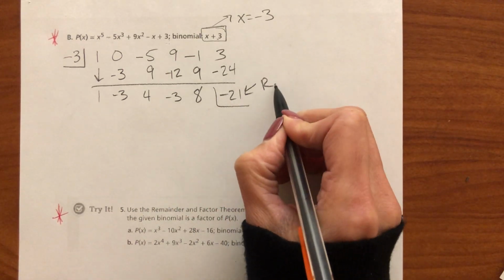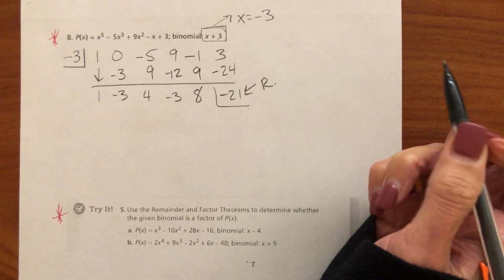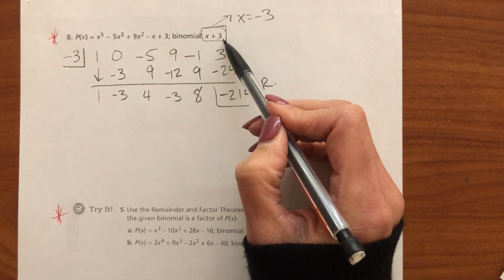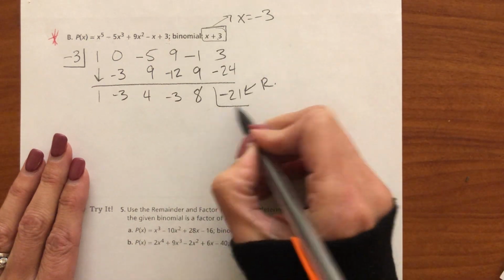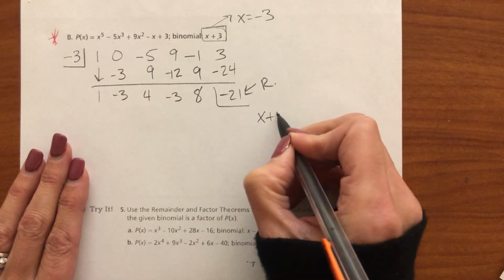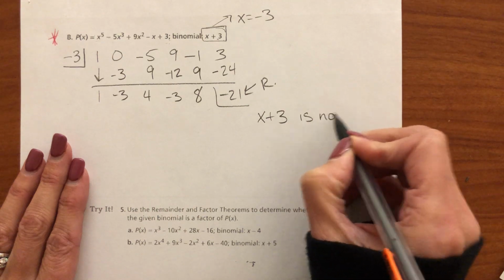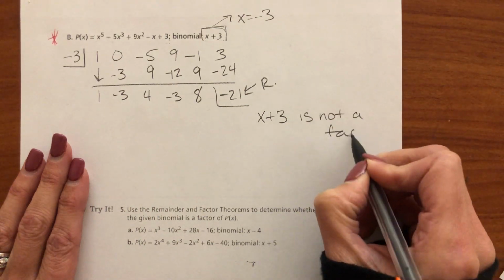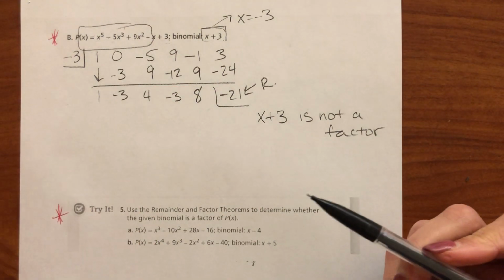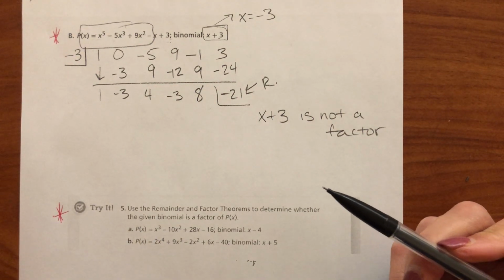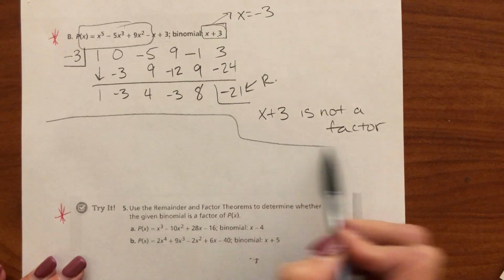So this remainder of 21 tells me that x plus 3 is not a factor. Because you didn't get a 0 remainder, we know that x plus 3 is not a factor of this polynomial there. And then, of course, if you like the other method, you could do that.